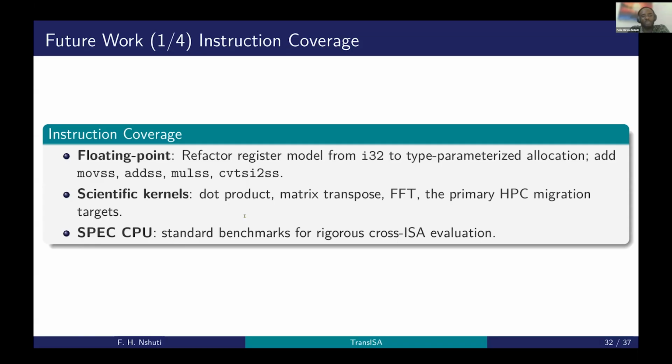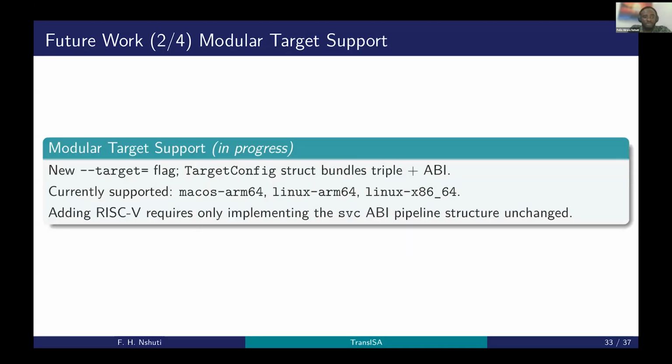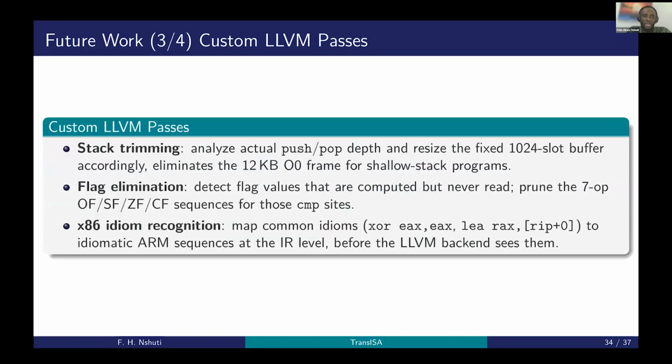Then testing on the SPEC benchmark, which is one of the rigorous TransISA evaluations. Then implementing the modular target system as discussed above to support different architectures. Rather than only macOS, we can introduce a RISC-V backend for code generation.